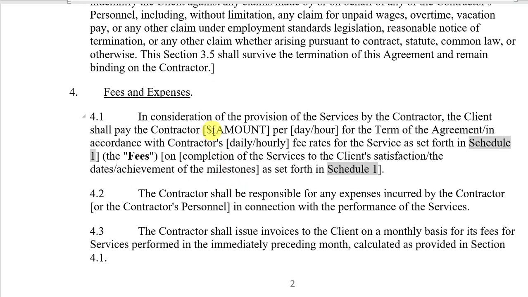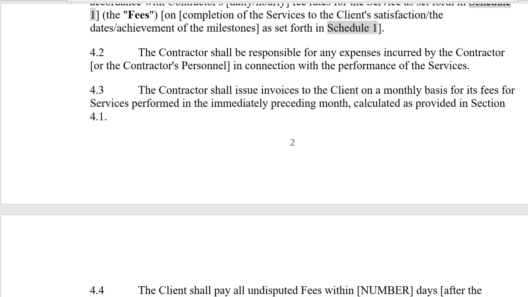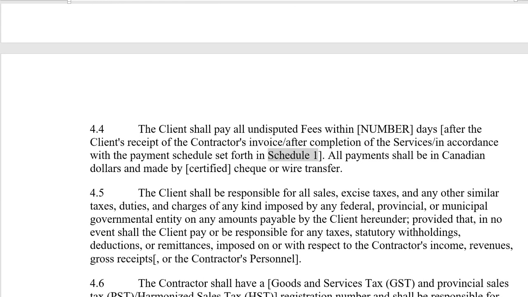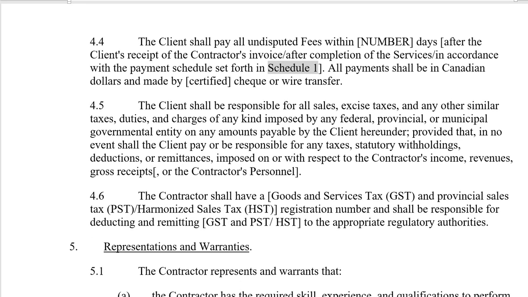Here you'll write the amount per day or the fees associated with the contract, and whether or not the contractor will supply an invoice and under what basis. There's a note about fee disputes and how they are going to be paid. So anything that's undisputed, how that'll be paid.